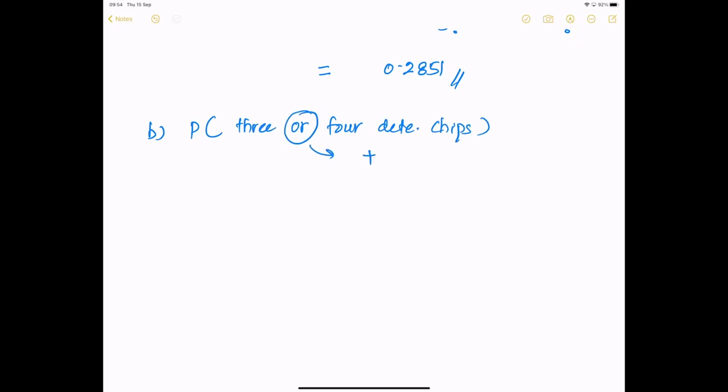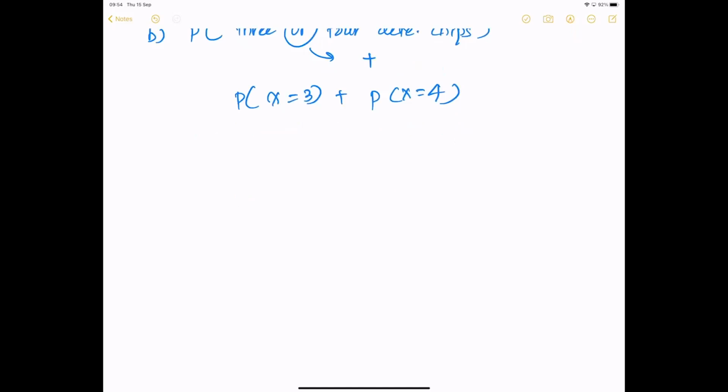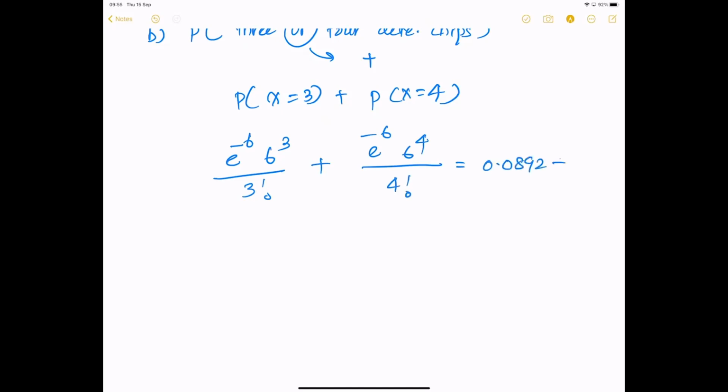Therefore, they are asking for 3 plus 4, so we have the equation P(X equals 3) plus P(X equals 4). Now you can simplify. Use a calculator to simplify the equation, and that is the probability.